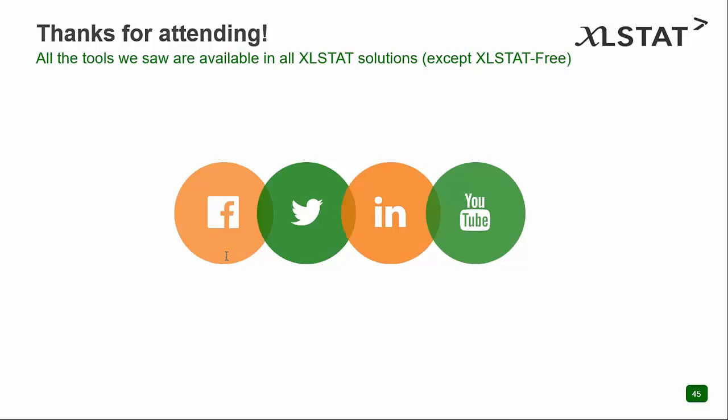Now, this is not the only solution you have when the parametric assumptions are not met. There's another solution which is very interesting and which is used by many people. If your data do not match the parametric assumptions, you can transform them using functions such as the logarithm or the square root.